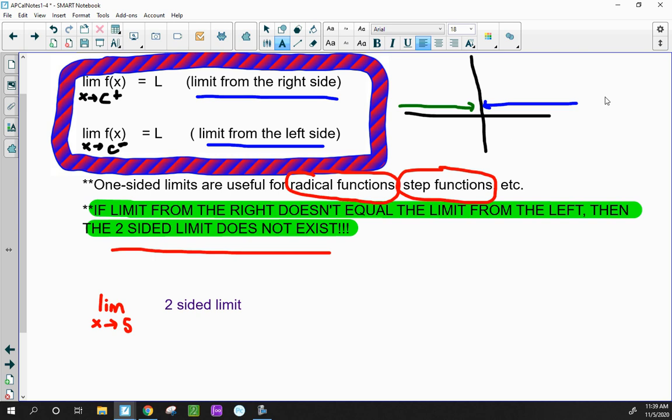They only want you to look from the right, coming in this direction. When it's a negative sign, they'll want you to come in from the left side and look at it that direction. But if you get 2 different answers, then this does not exist. And remember from the past, the notation you're going to use for a limit that doesn't have an answer is DNE. Only use that when you can't give me an answer.